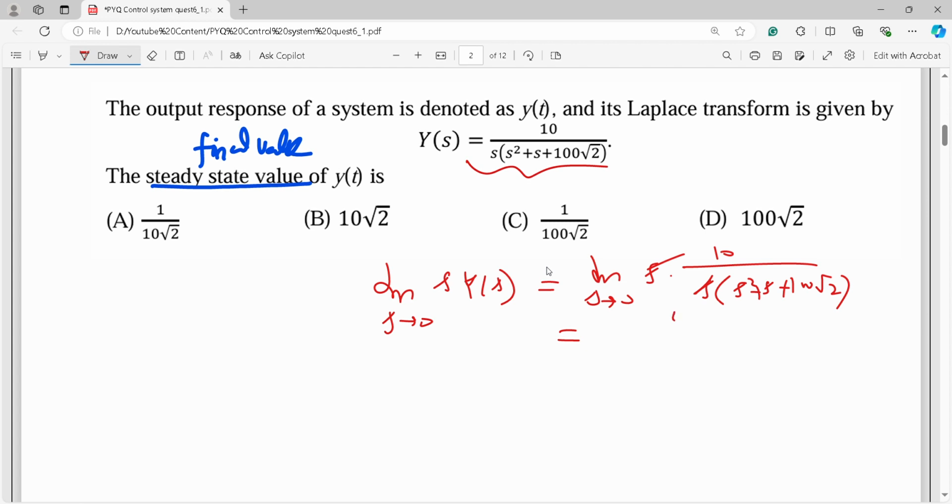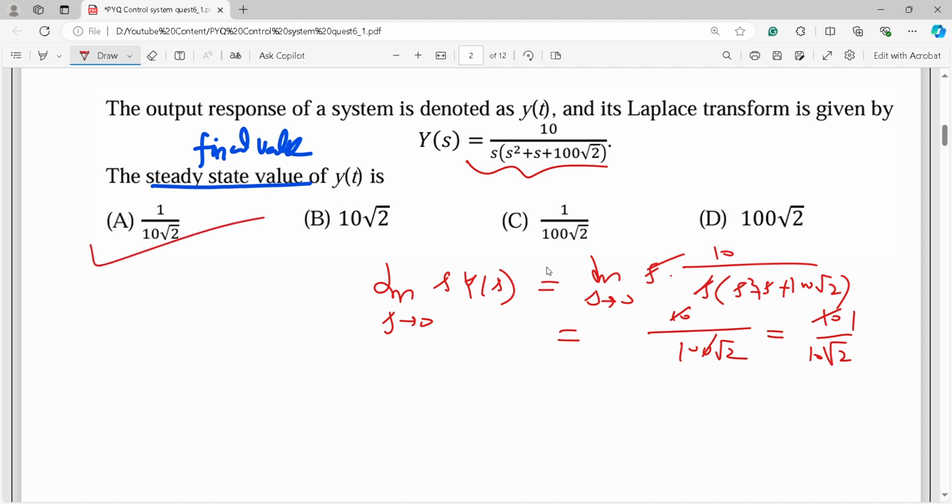So the s² and s terms go to 0, then 10 / (100√2), the tens cancel out, and we get 1 / (10√2). All right, so that option is correct.